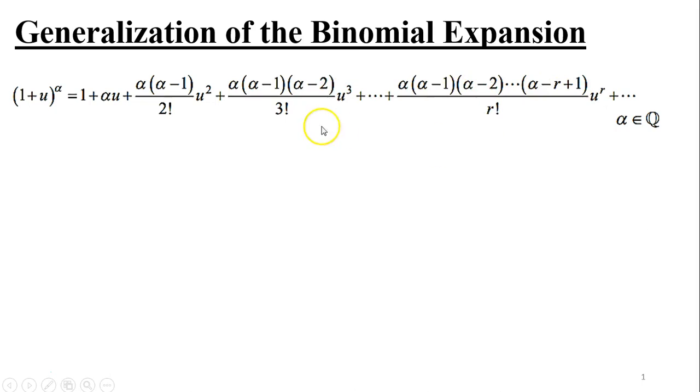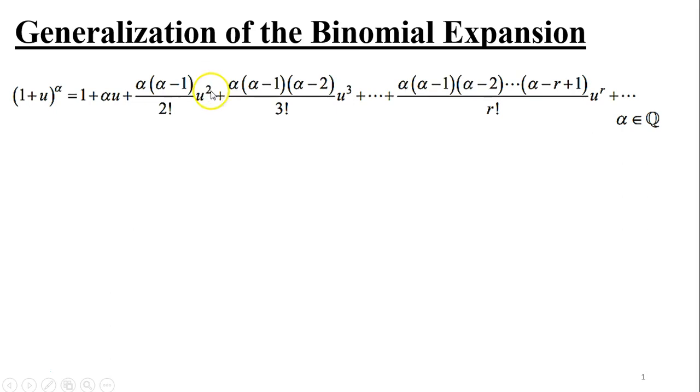Now, regarding the coefficients, which we will discuss in a bit, how these coefficients are obtained: as you can see, there is a pattern here. First we're starting with 1, then u is multiplied by α, now u squared.